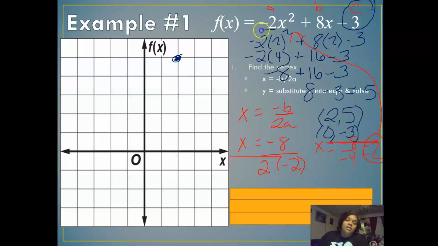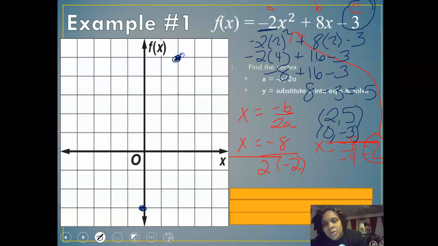The A in this equation tells us if the parabola is going to open up or down. Here, because it's negative, we know it's going to open downward. So we plot the y-intercept, which is 0, negative 3.